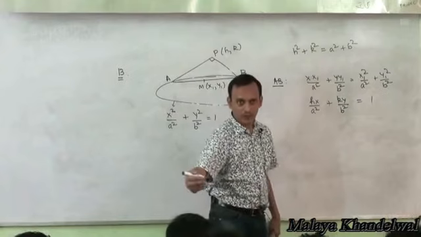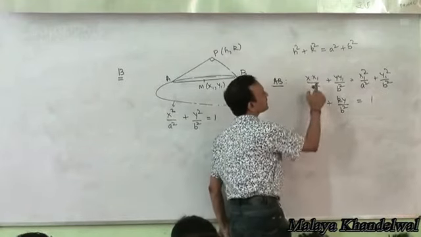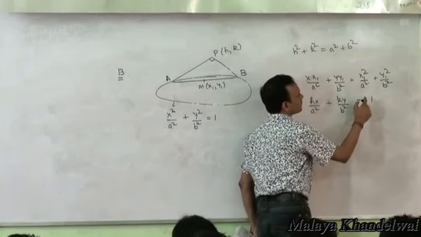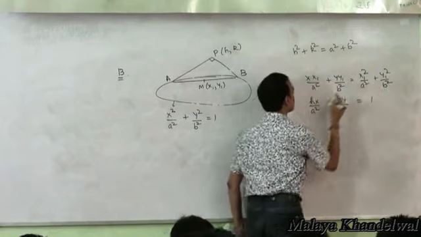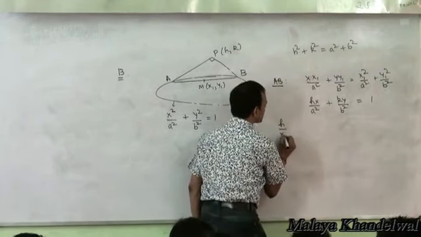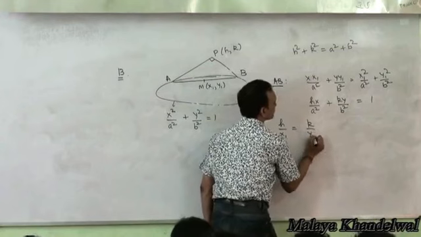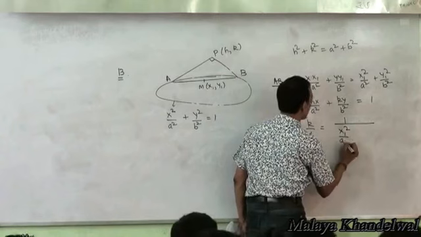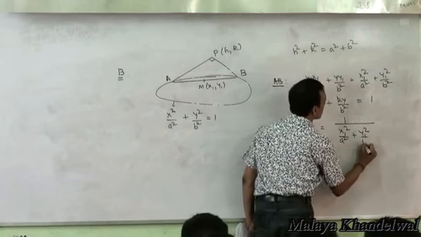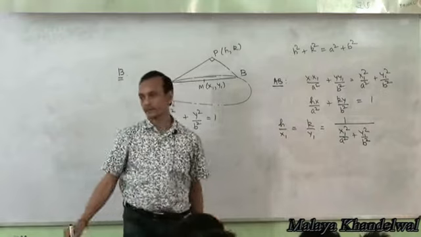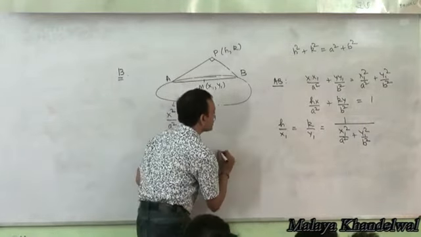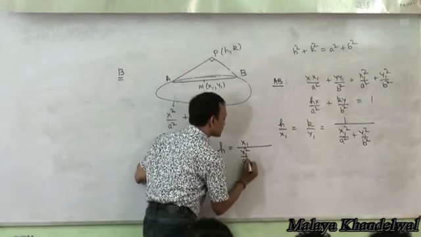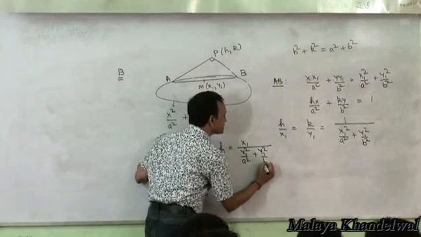That means h by a squared by x1 by a squared must be k by b squared by y1 by b squared, must be 1 divided by this, right? So h by x1 turns out to be k by y1, must be 1 by x1 squared by a squared plus y1 squared by b squared, and therefore h turns out to be x1 squared by a squared plus y1 squared by b squared.